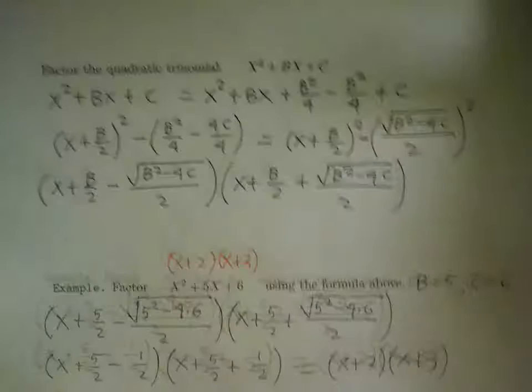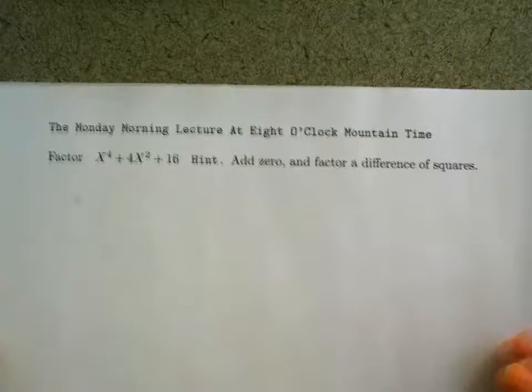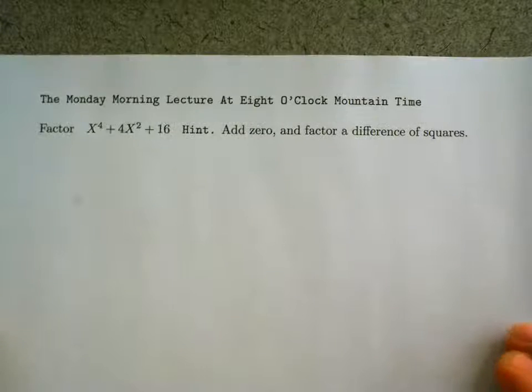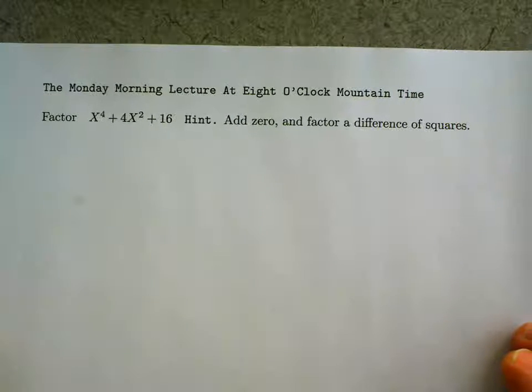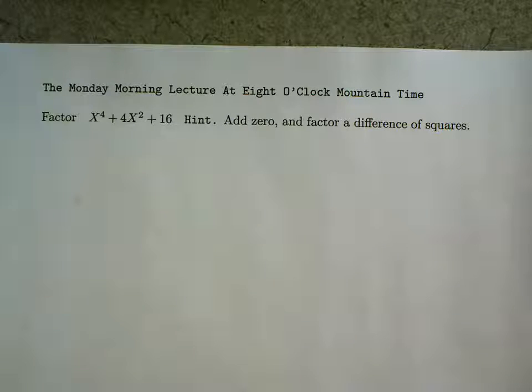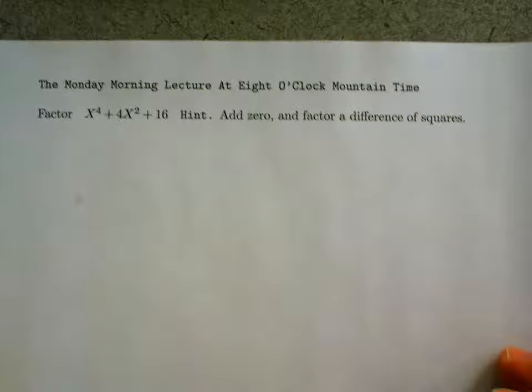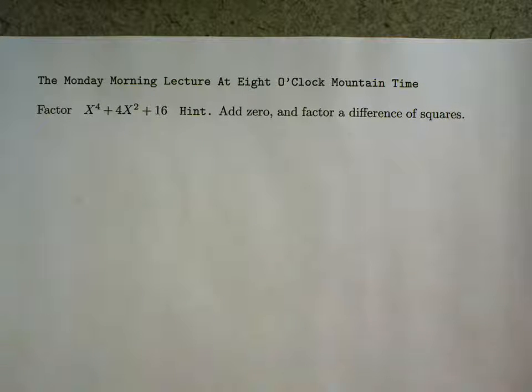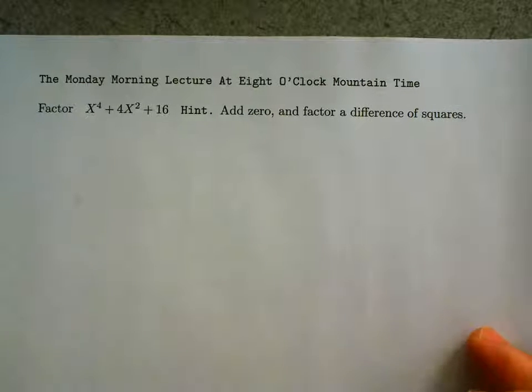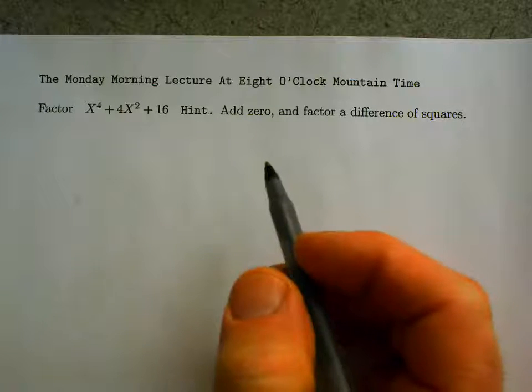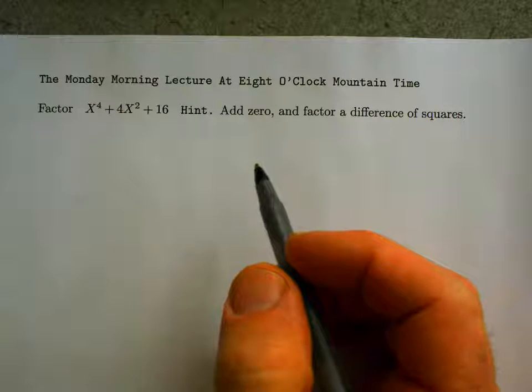Okay, one more example. So this time we want to factor x⁴ + 4x² + 16. And a hint is given: add 0 and then factor a difference of squares. Well, what form should 0 take this time?